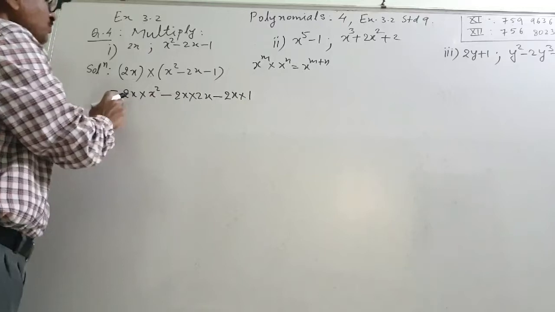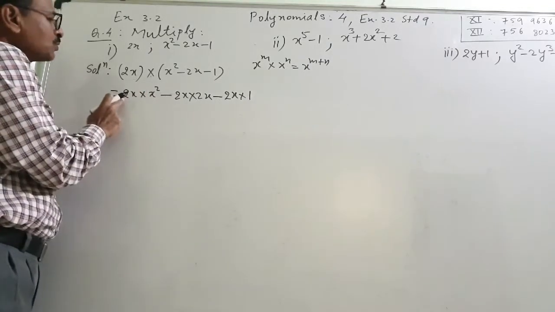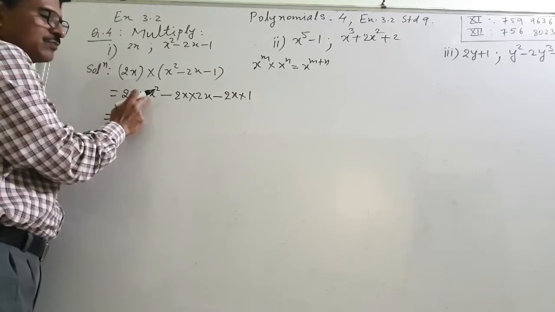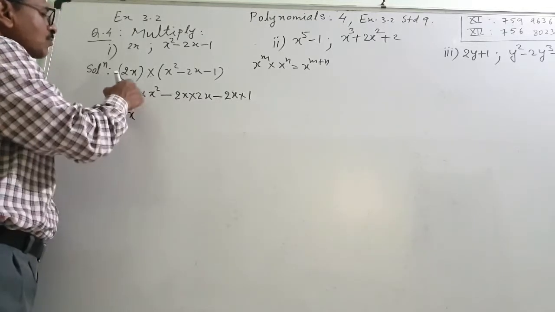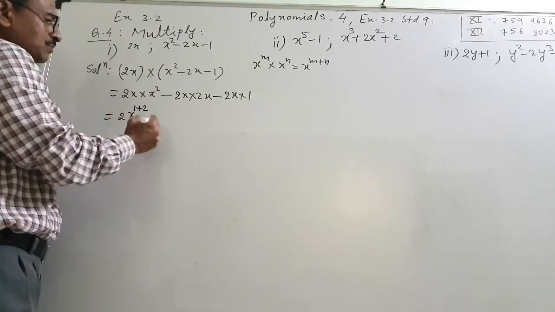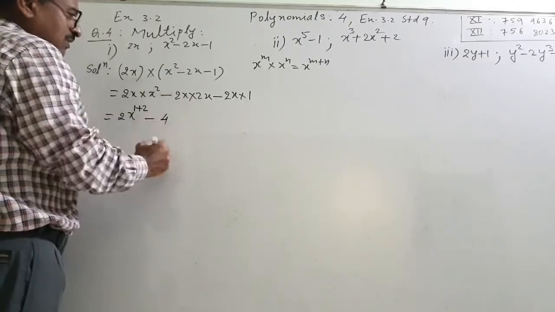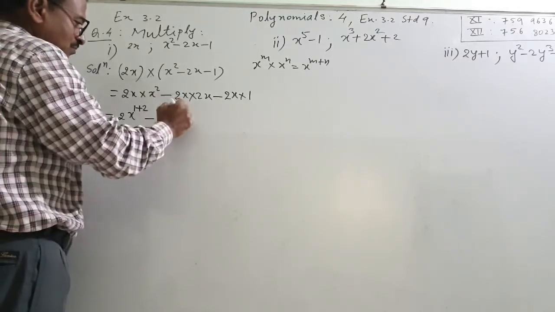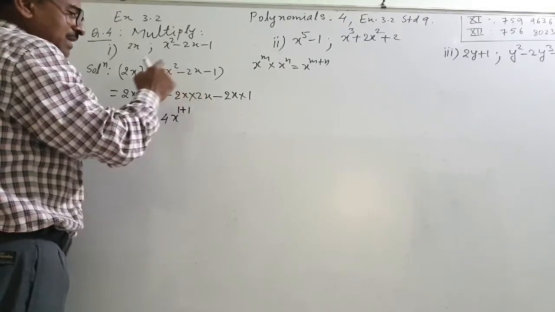So here 2 and here 1. First of all, I will multiply the number. 2 ones are 2. So x raised to 1 and x raised to 2, it is 1 plus 2, minus 2 into 2 is 4, x raised to this is 1 and this is plus 1. Multiplication means addition of the indices.